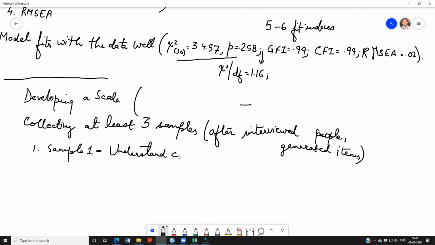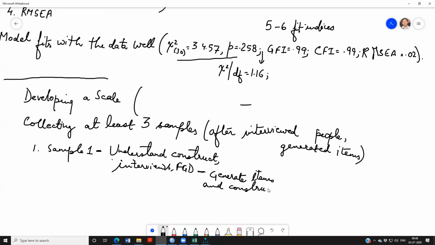You will have to interview people. You will conduct interviews or FGDs, focus group discussions, and based on this you will generate items, right? And also construct definitions.